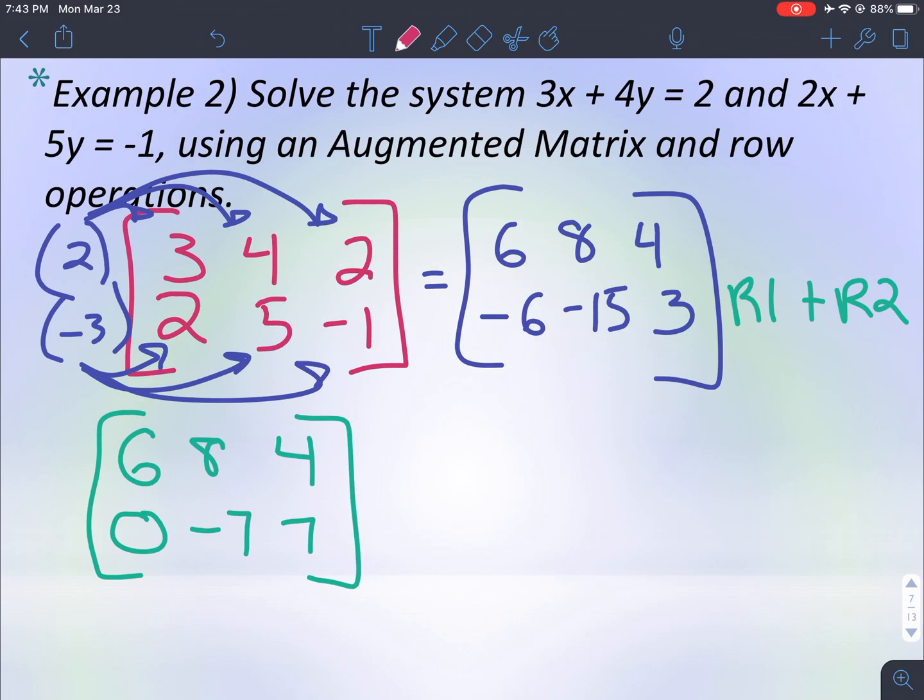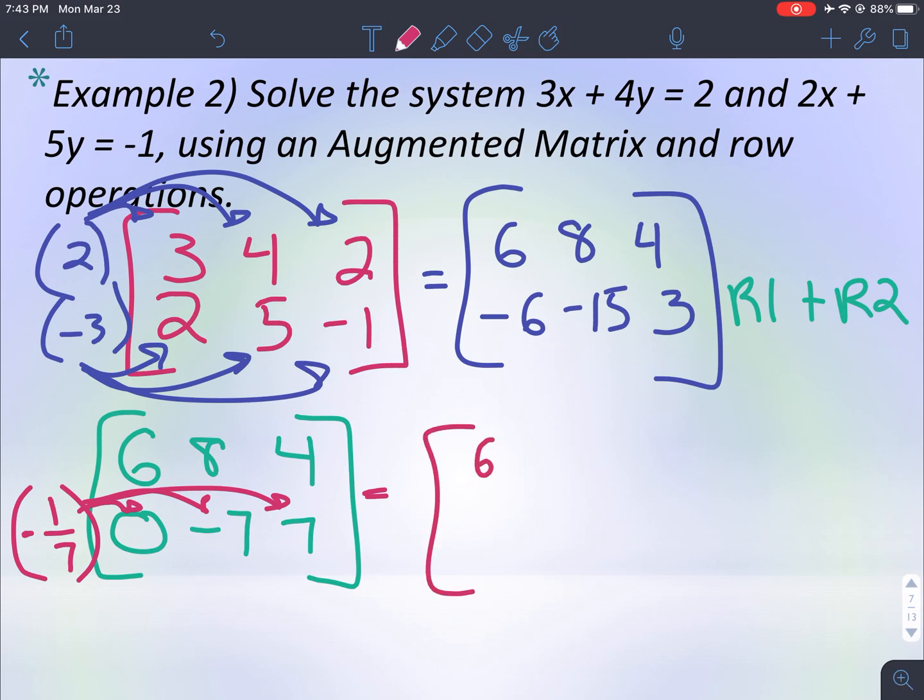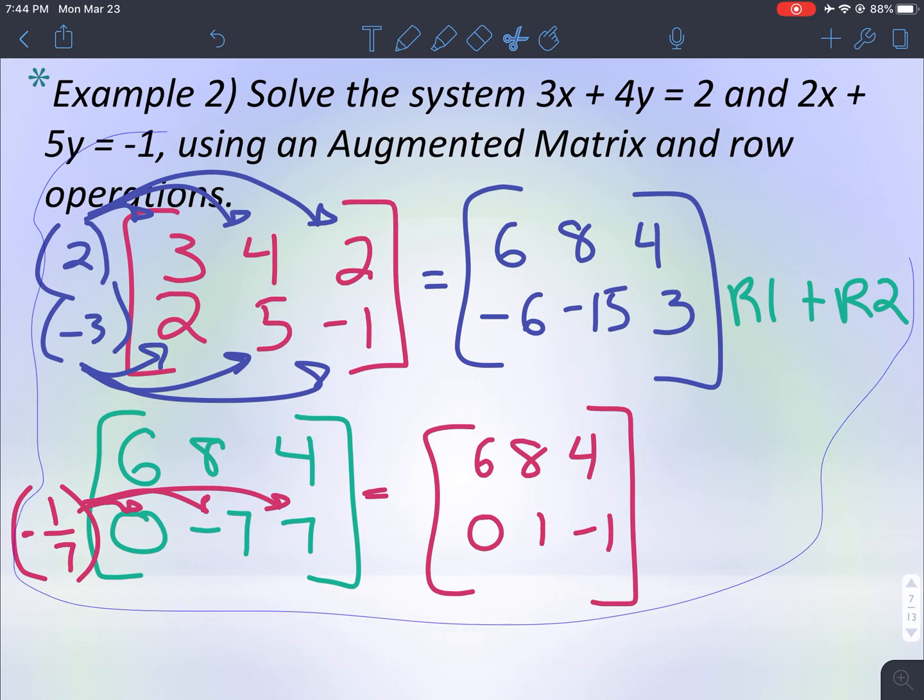How about if I multiply the second row by negative 1/7. Now I have zeros and ones. But it could get even more simpler.